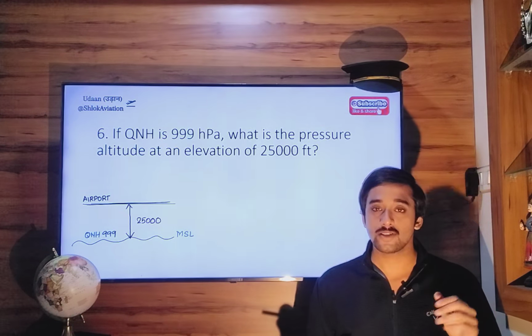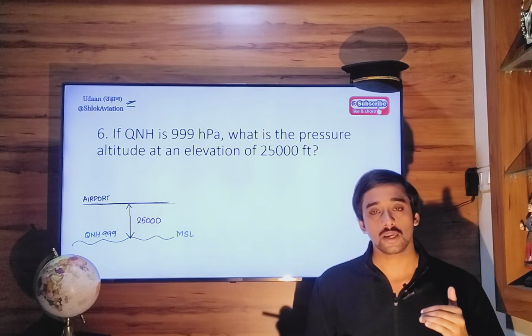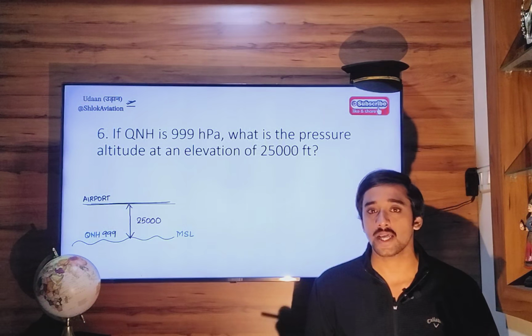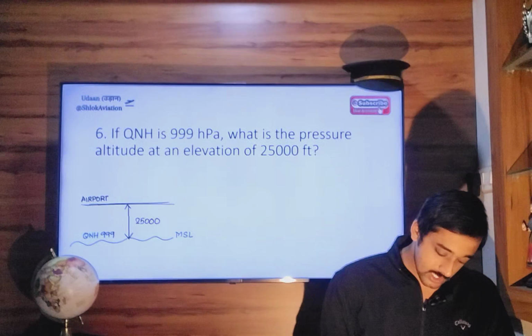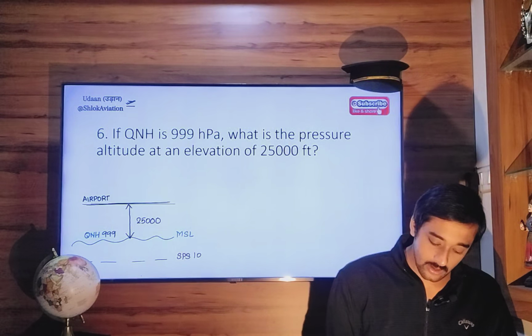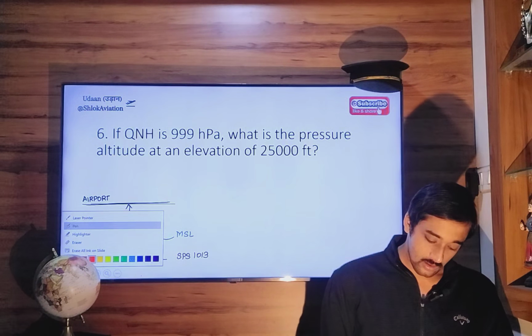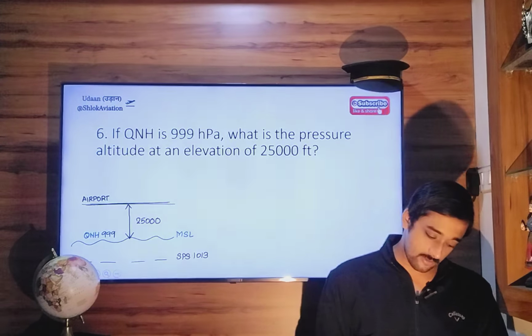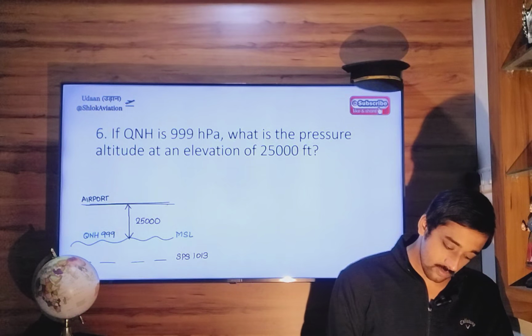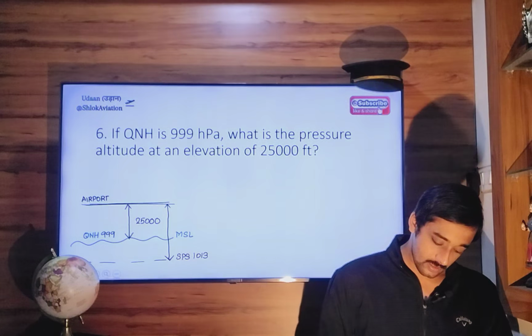So 1013, which is a higher pressure value, will be found below the QNH pressure level, that is 999. So standard pressure setting 1013. Now let's find out pressure altitude from this pressure level.